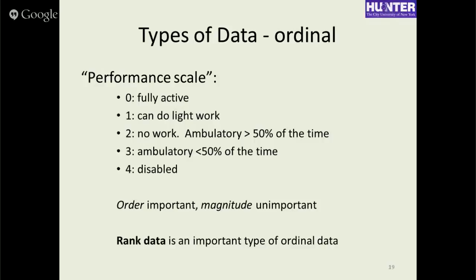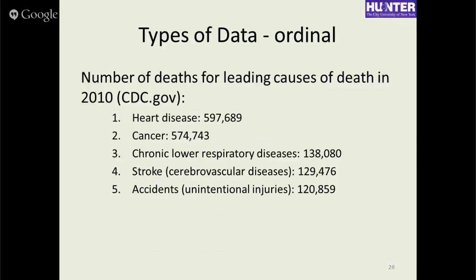And that would be an example of rank data if you're talking about the rank in a race, and it's one important type of ordinal data. This is not rank data. Order in finishing a race would be rank data. The top 5 causes of death in the United States.